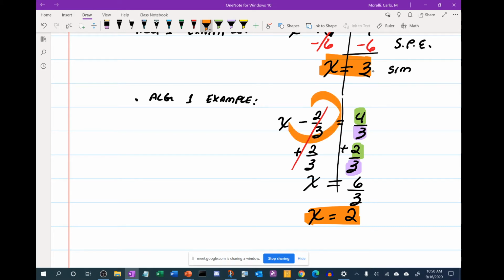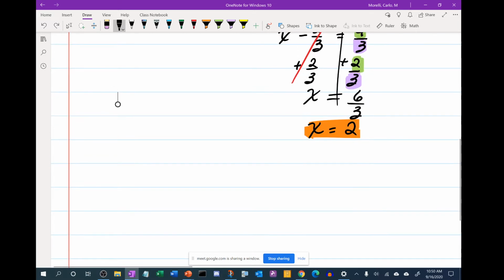This number will determine whether you're going to do plus or minus. And then that gets rid of the number. So x is by itself, but you just have to do it to both sides. Do you understand? Okay. So that was the additive inverse.